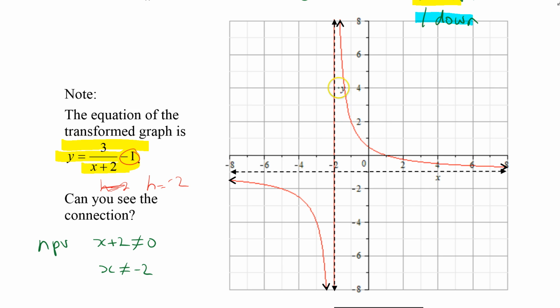And if you're looking at our graph, this is the value of x that creates this vertical asymptote. So the question is, explain the behavior of the graph for values of the variable around it. As x approaches that value from the left, y gets exceedingly large. As it approaches from the right, y gets exceedingly large, but in the negative version.